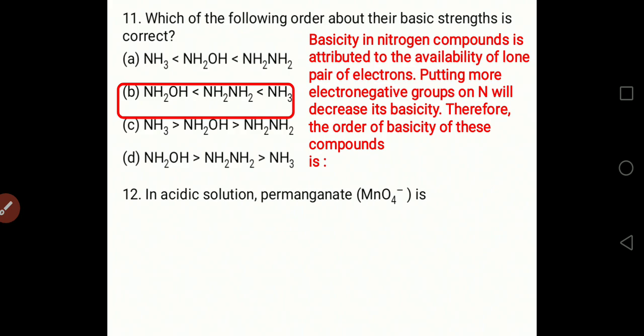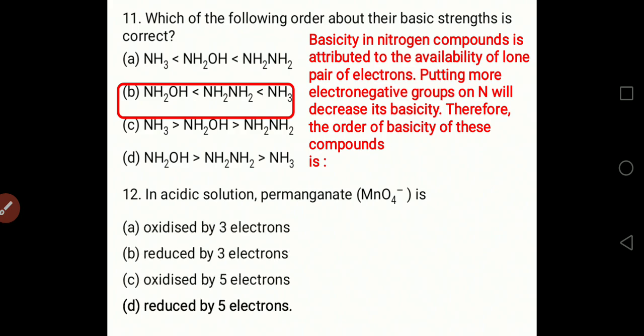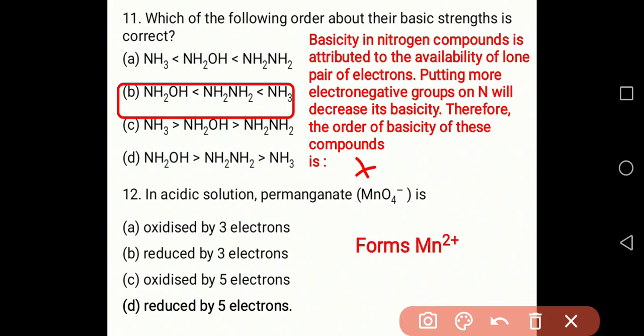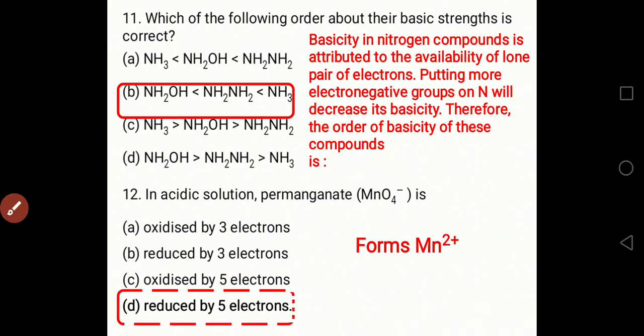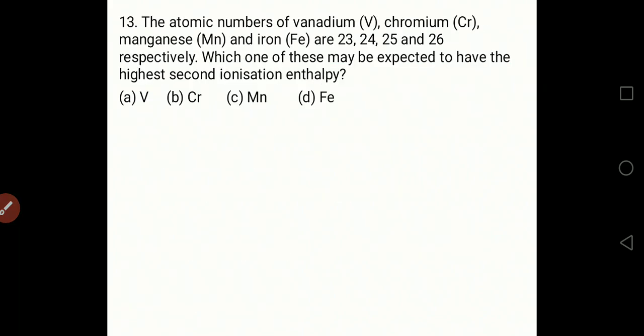Then, permanganate in acidic solution always gives rise to Mn2 plus. In this particular case the oxidation state of Mn is plus 7. Plus 7 to plus 2 means 5 electron change. So the answer is reduced by 5 electrons, because Mn plus 7 to plus 2 is reduced by 5 electrons.